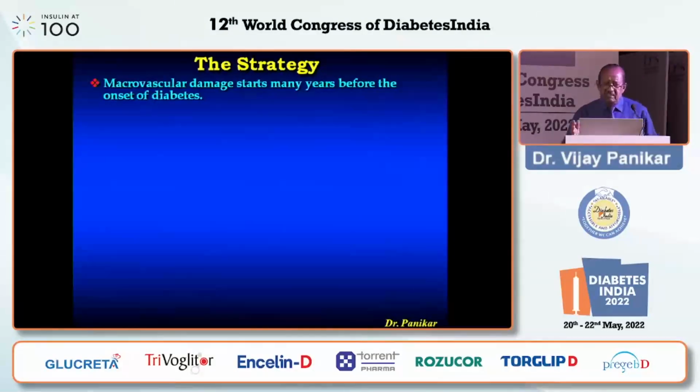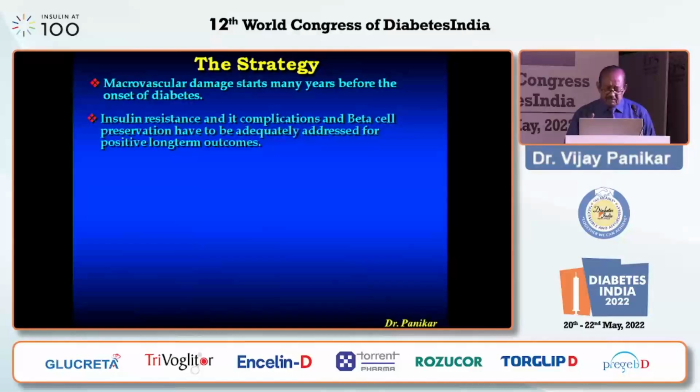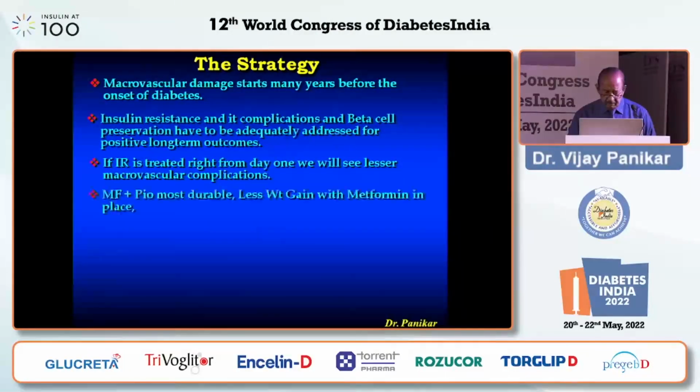So what is the strategy? What will you combine with an SGLT2? Macrovascular damage starts many years before the onset of diabetes. Many years. Insulin resistance and its complications and beta cell preservation have to be adequately addressed for positive long-term outcomes. If insulin resistance is treated right from day one, we will see fewer macrovascular complications.